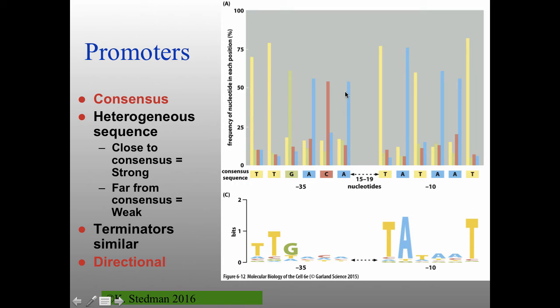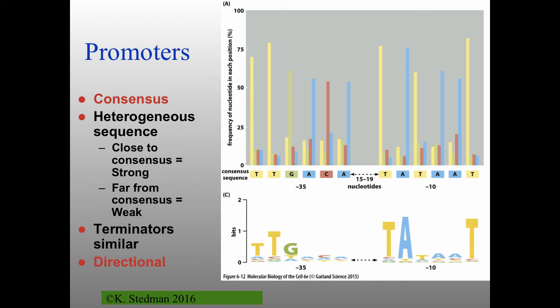Just wanted to emphasize here that this is just one strand of double-stranded DNA. So we're looking at DNA here. So from 5' to 3', TTG, ACA, TAT, AAT. On the other strand, it'll be ATT, ATA, etc. So double-stranded DNA.